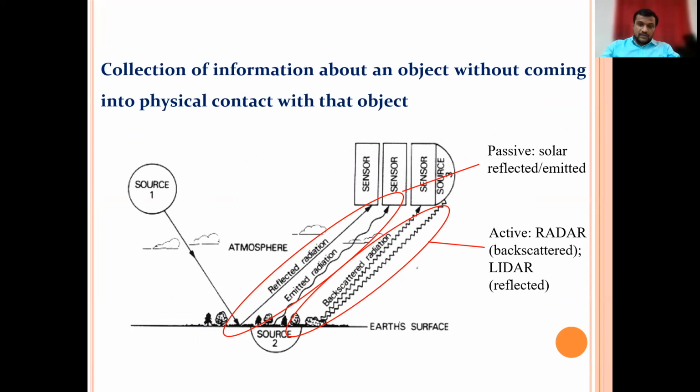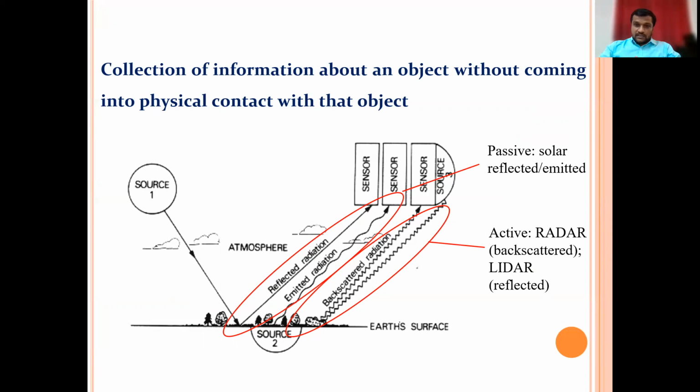That kind of energy is known as emitted radiation. Whereas in reflected radiation, the energy is directly reflected from the upper surface of the land, the upper surface of the earth; we call it reflected radiation. So in remote sensing, when we talk about the optical remote sensing process, there are two types of radiation that are captured by the sensor.